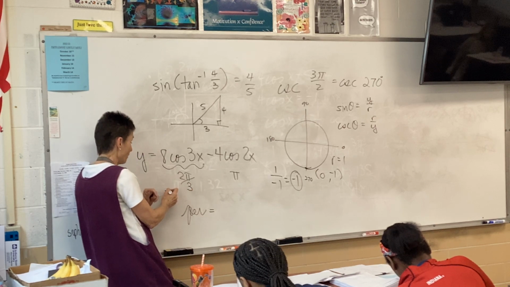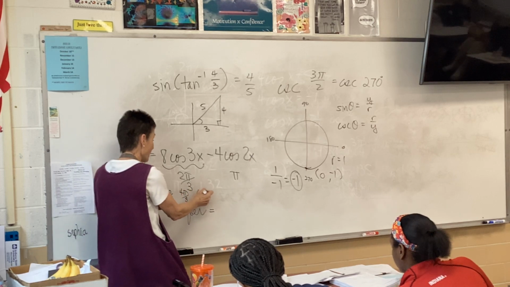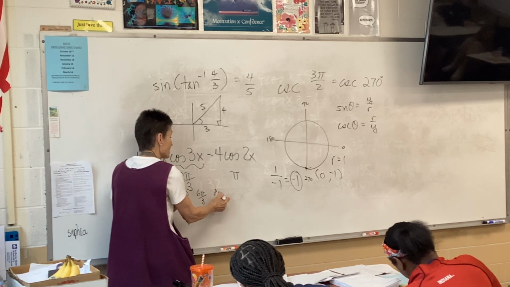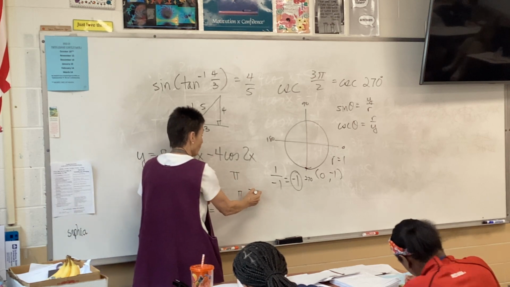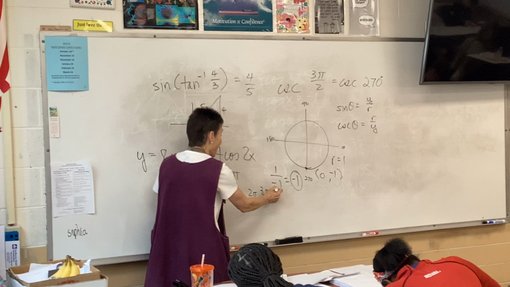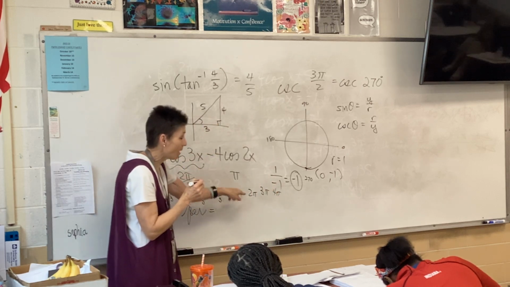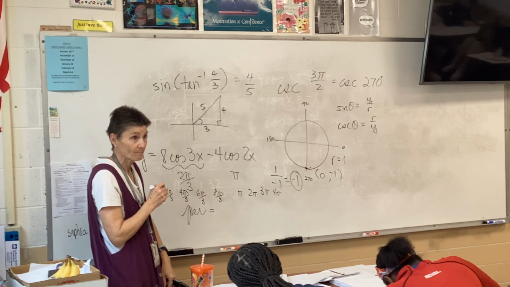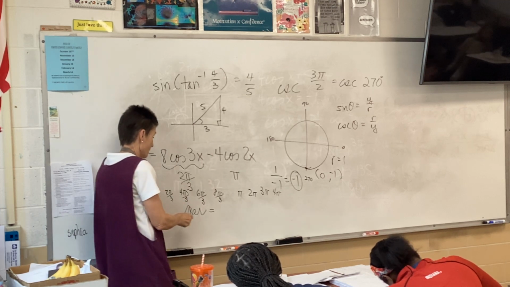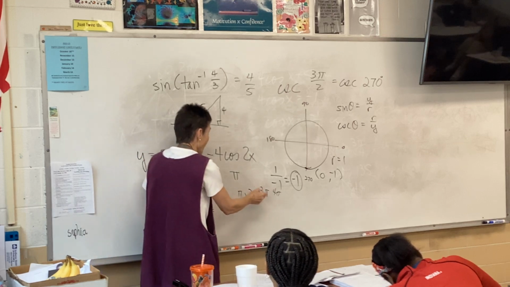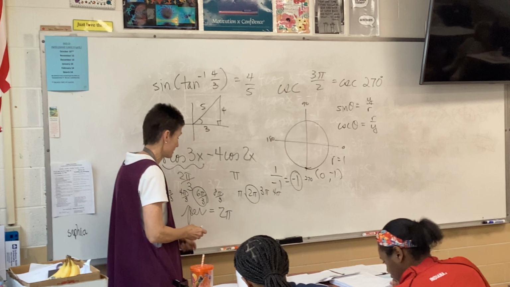So at 2 pi over 3, 4 pi over 3, 6 pi over 3, 8 pi over 3, and so on. This one is starting over every pi. The first number that's in both lists is the period of the function. Is that 2 pi? So the period of your function is 2 pi.